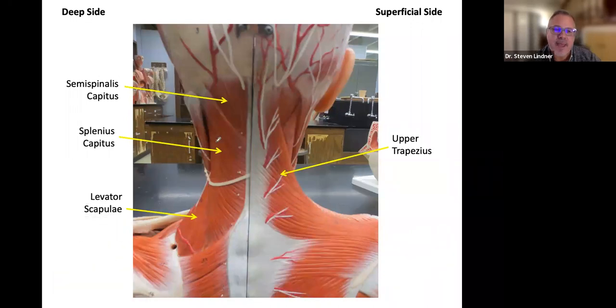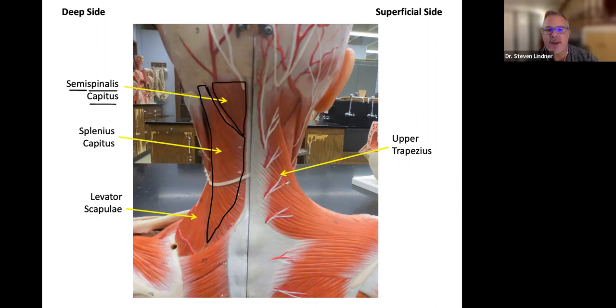Okay, so then we have splenius capitis, which is all of this here. Splenius capitis. And then we have the semi, right? Semi is like half. Semispinalis capitis, capitis for skull. That's the semispinalis capitis.